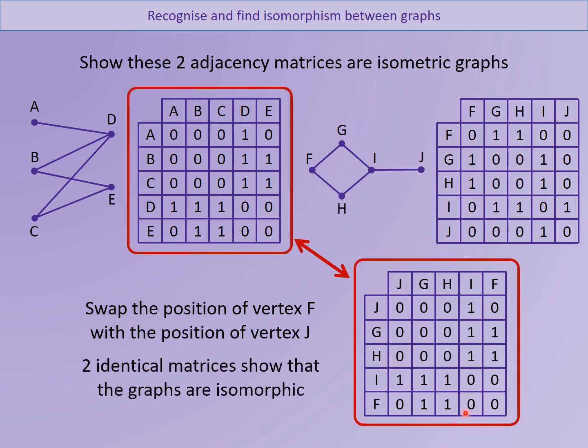If you get two identical matrices, then the two graphs, of course, are isomorphic. So you can actually show it using the four rules: the vertices, the edges, the cycles, and the order cycle check. Or you can show it by comparing adjacency matrices.